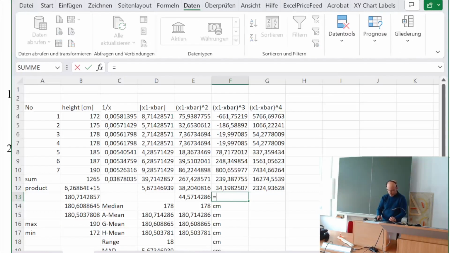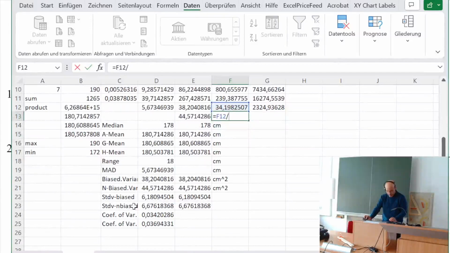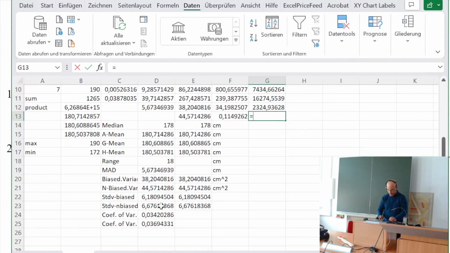So this one divided by 6.7 to the third, and this one divided by 6.7 to the fourth.